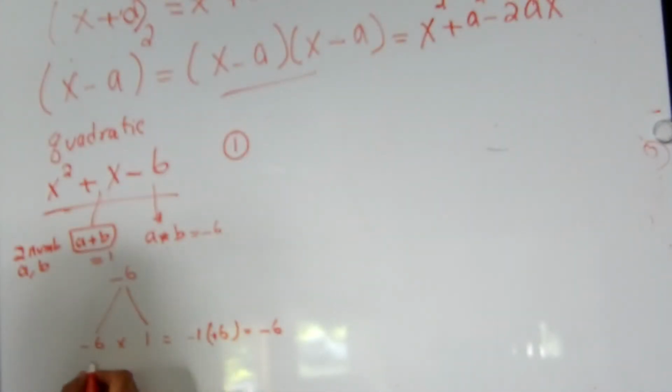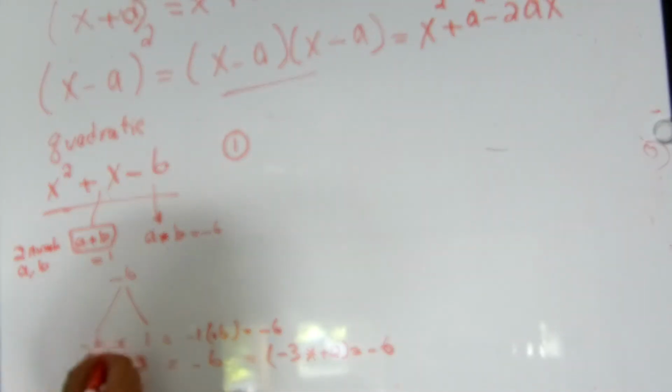It's going to be the same answer, minus 6 anyway. Or we have minus 2 times 3, which is minus 6. But we could also write it the other way around, minus 3 times plus 2, which is minus 6 again, the same. You get the same result by changing the sign.